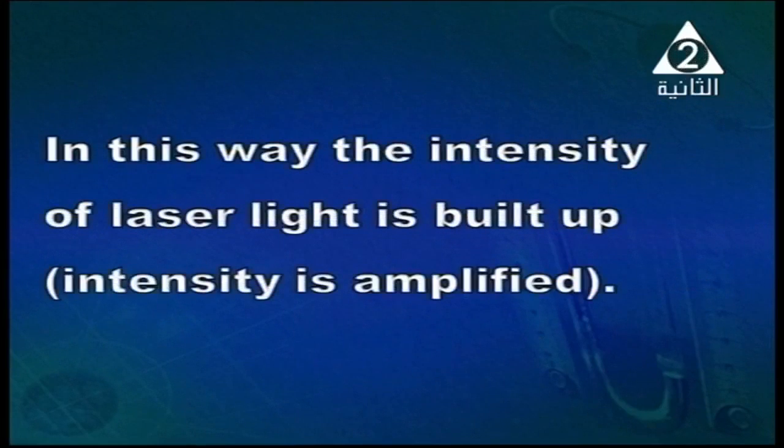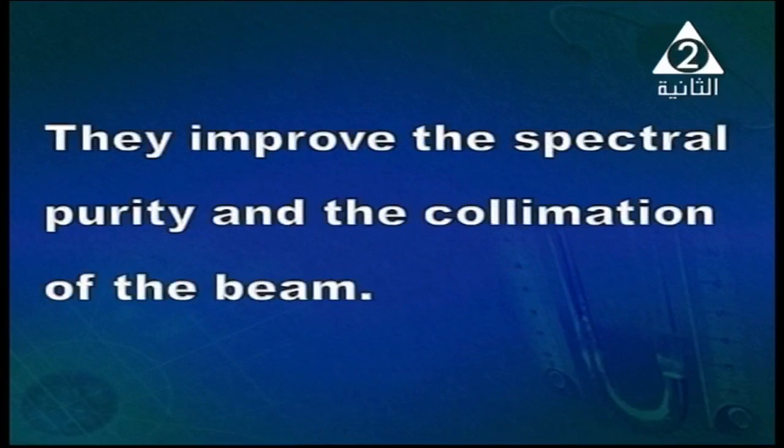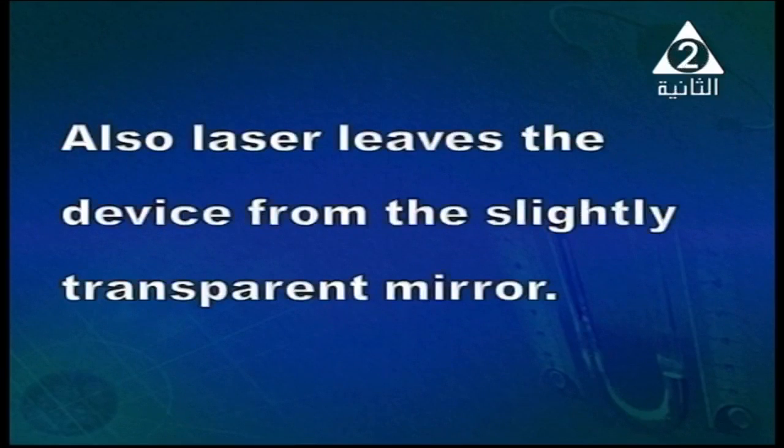In this way, the intensity of laser light is built up. Intensity is amplified. Also, the two mirrors improve the spectral purity and the collimation of the beam. Also, laser leaves the device from the slightly transparent mirror.